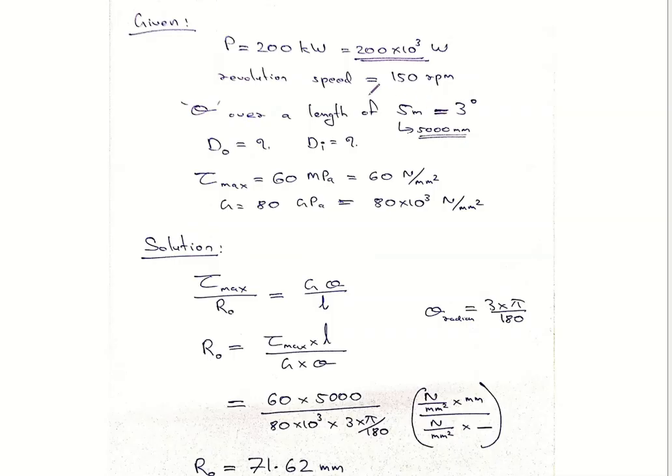Now, in the previous question we started by finding T. I could have started with that here also. T by J equal to tau by r, here the limiting condition is given as tau max. I could have started with this combination, but here I don't know the outside diameter and inside diameter.